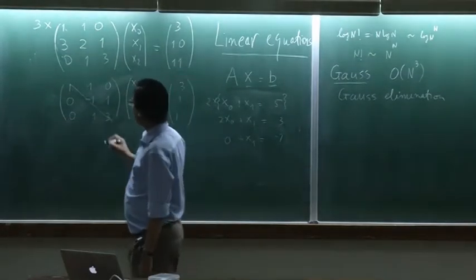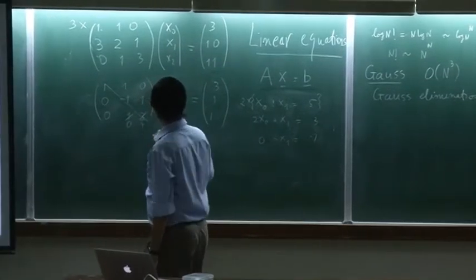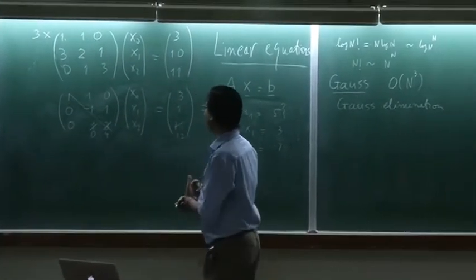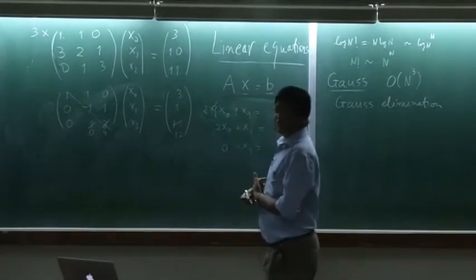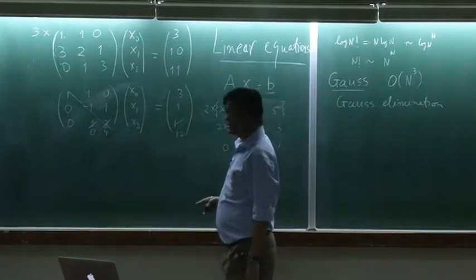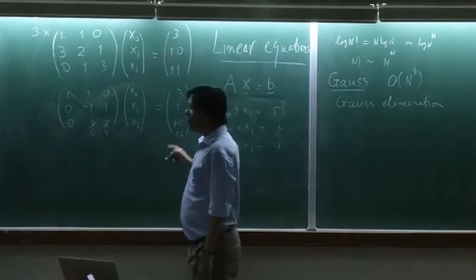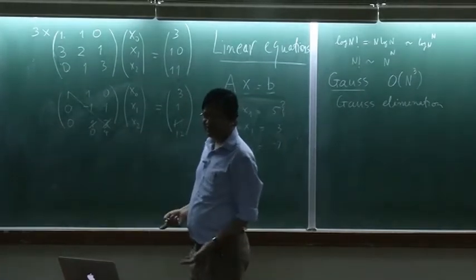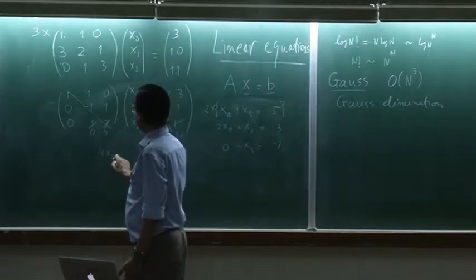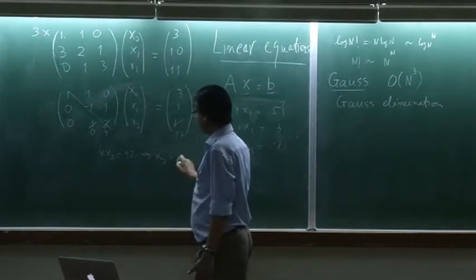When I add, minus 1 becomes 4, and 1 plus 11 is 12. So this is my new equation. Fine. So what is the last equation? The last equation is very simple: 4x2 equals 12, and you can solve that. What is the value of x2? 4x2 is 12, which implies x2 equals 3.